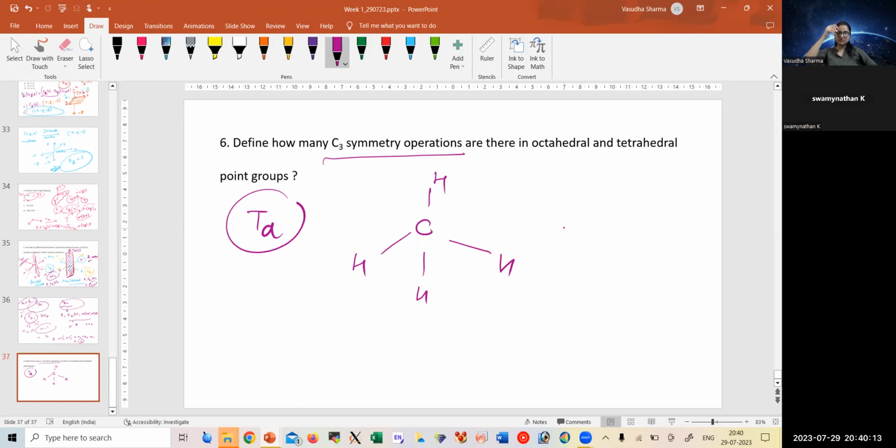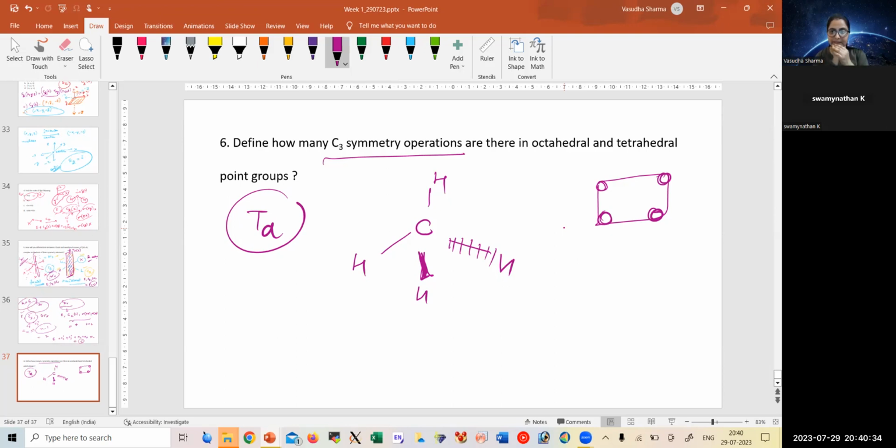In this particular format, 2 hydrogens would be in the plane, 2 would be above and below the plane. They're not like square planar. Square planar means everything is on the plane. Here, 1 is above, 1 is down, and 2 are in the plane.